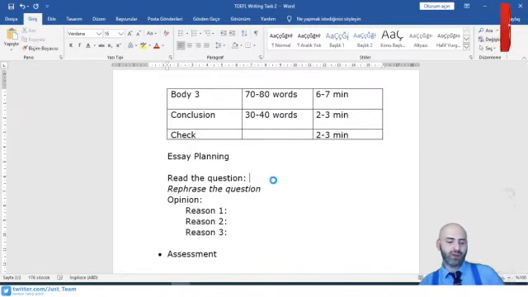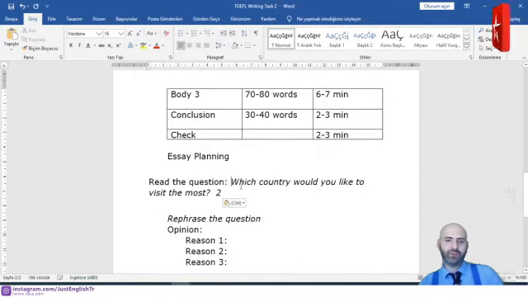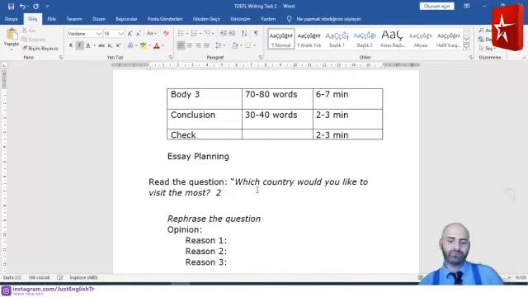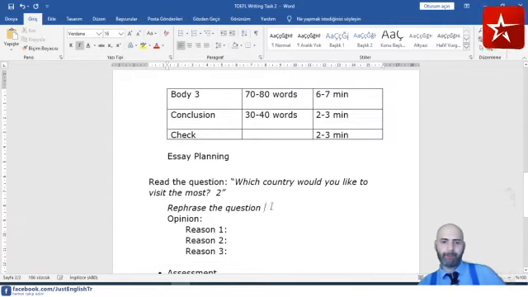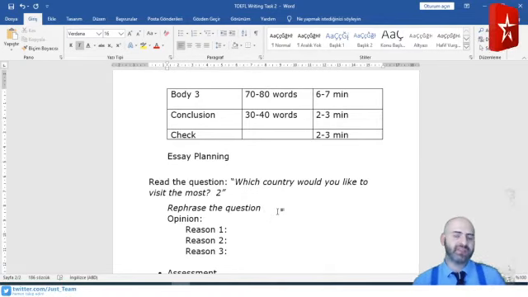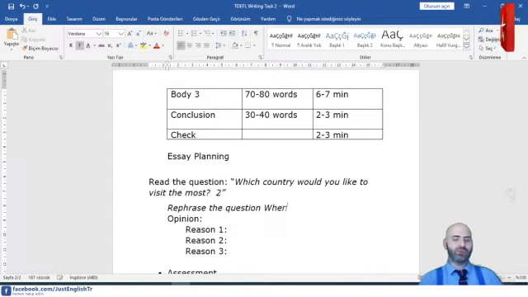So imagine our question is this one. Which country would you like to visit the most? Rephrase the question. Maybe I can rephrase. This is very easy actually to understand this sentence, but anyways, I will rephrase. Where do I want to go the most?